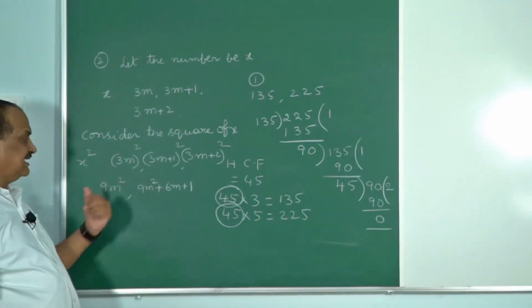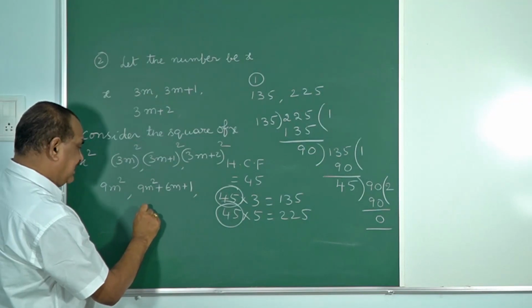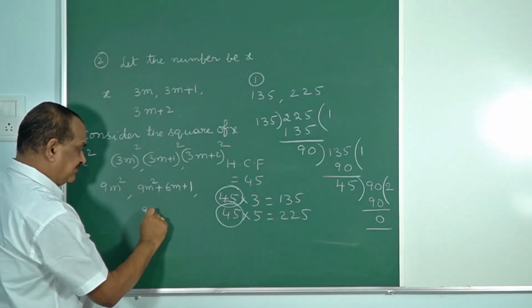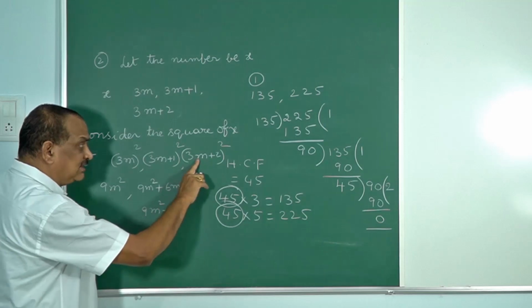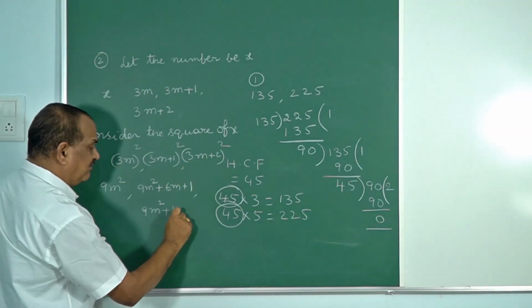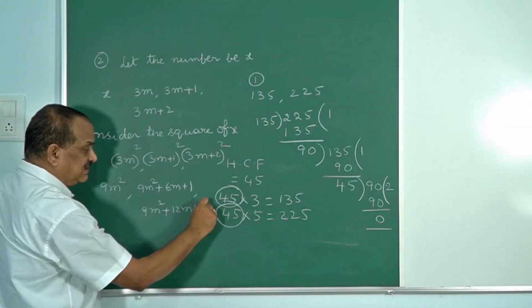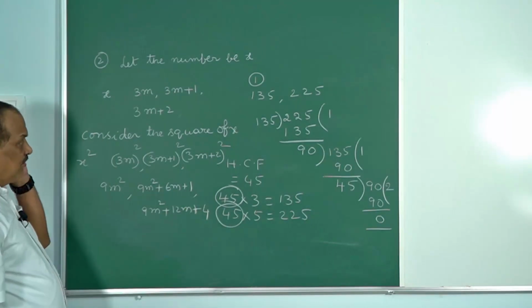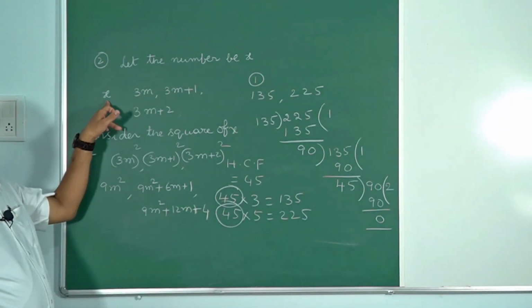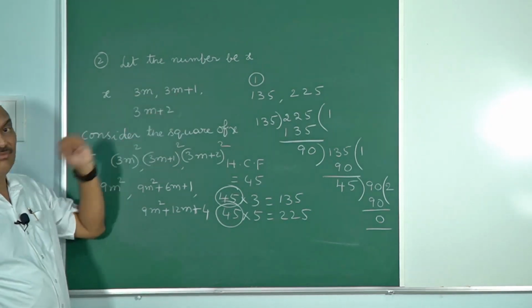So that is 9m square, plus 2 times 3m times 1, which is 6m, and later 1 square. For the last one, 3m plus 2 whole square is 9m square plus 2 times 3m times 2, which is 12m, and later 2 square is 4.